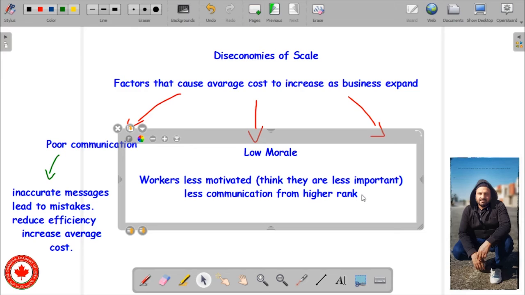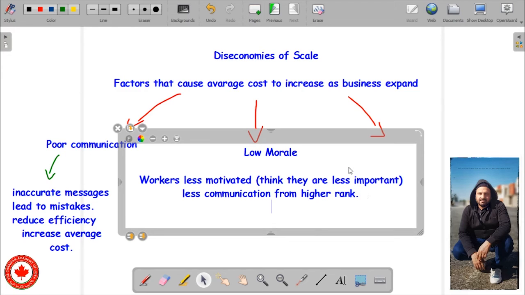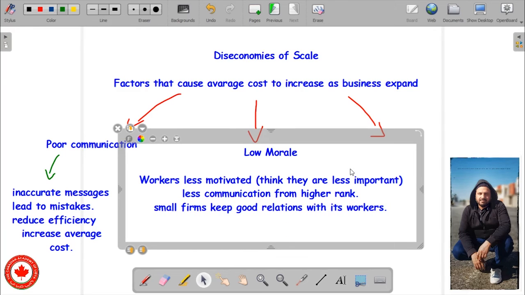Of course, this is not a problem in small firms, because small firms keep good relations with their workers. Large firms will not be able to do that most of the time.